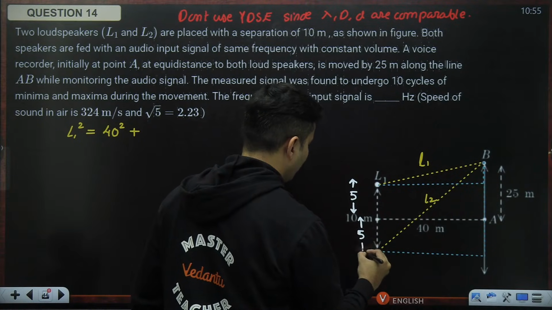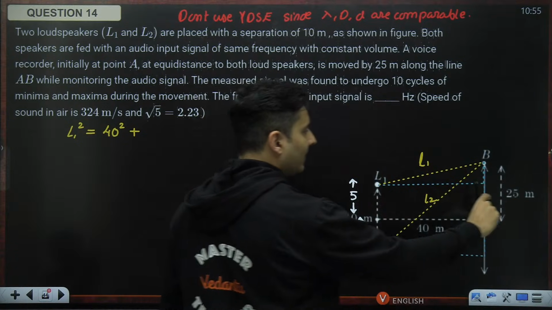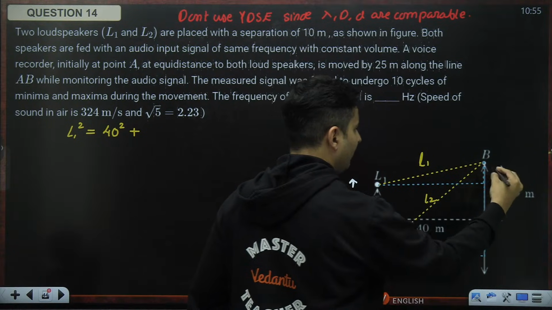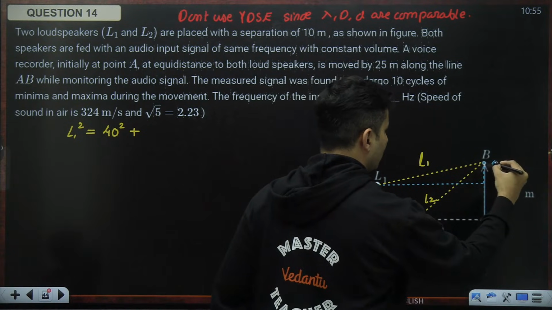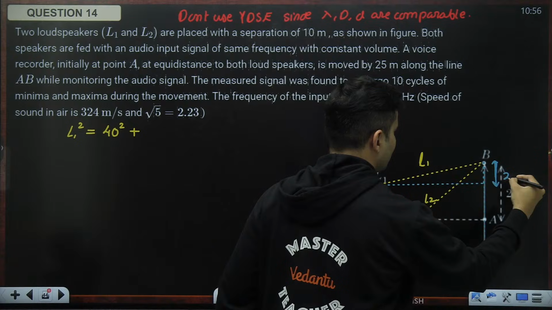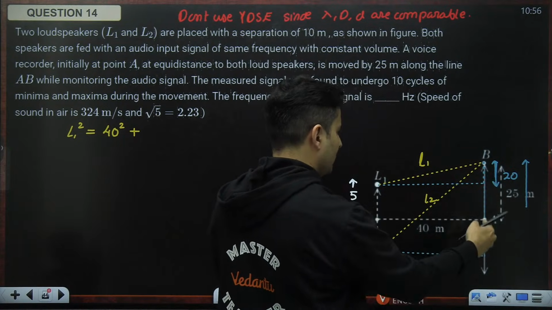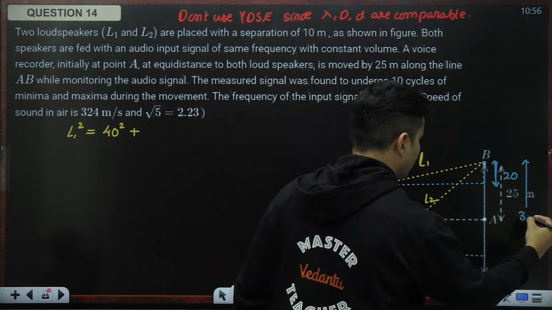Is that right? From here to here. If this is 5, this is 25. How much will this be? Just think about it. From 25, 5 goes off, so this much will obviously be 20. And if you ask me how much is this entire thing, this is 25 plus 5, so that will be 30.